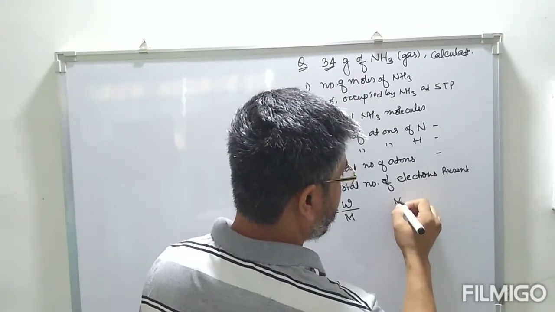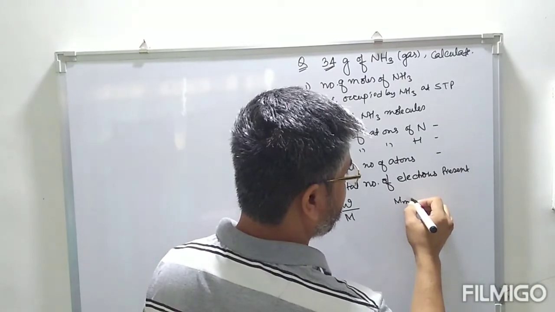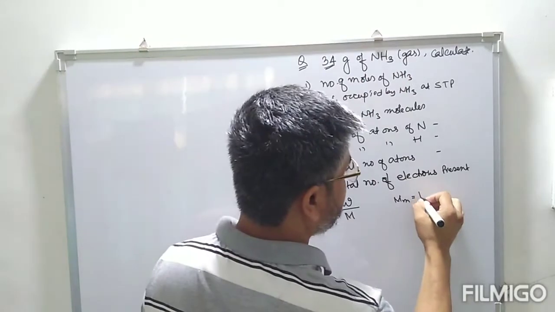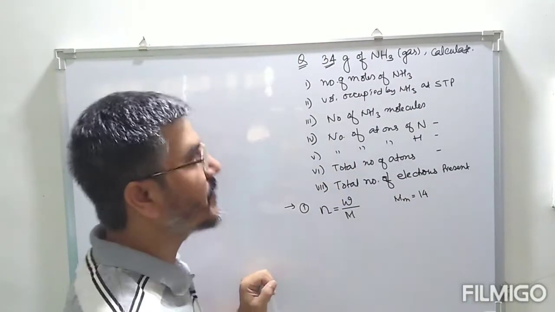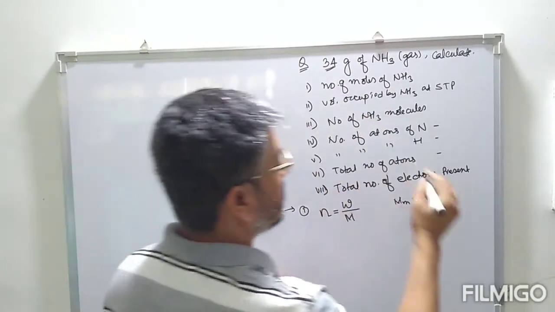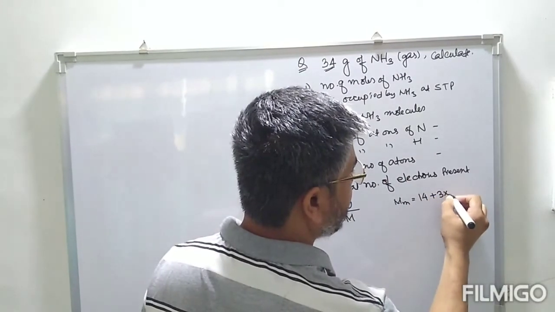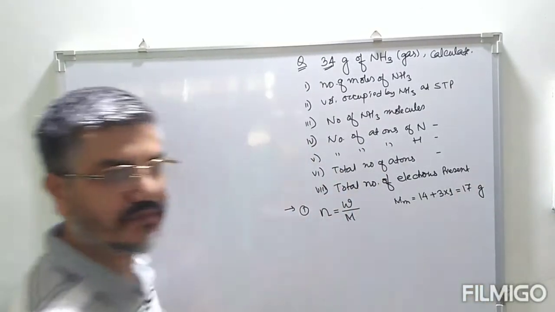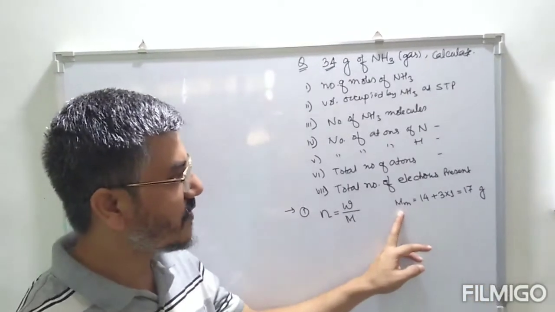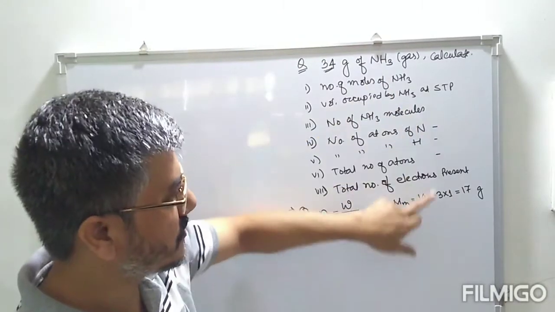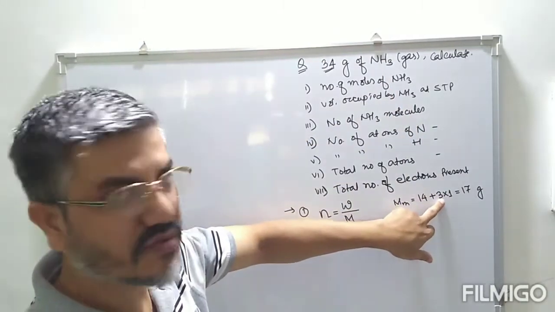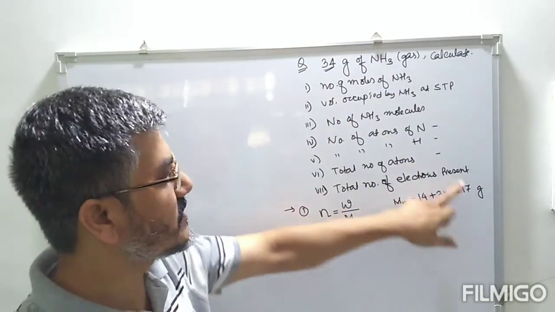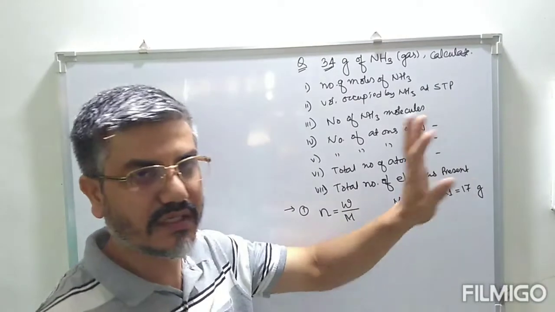The gram molecular mass of ammonia is the mass of nitrogen, that is 14, plus the mass of three hydrogen, that is 3. So the mass of ammonia is 17 gram.